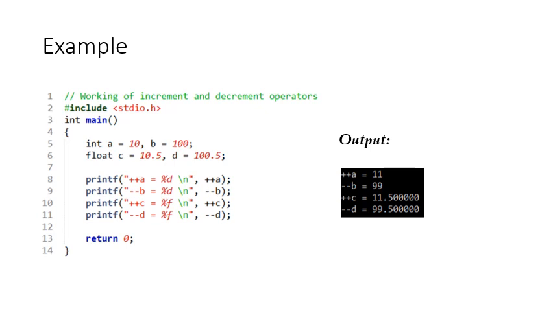Plus plus c is 10.5, and we have added plus plus c, so we are adding 1. So it's now 11.5. And for d, we have minus minus d, so we are subtracting 1. Now it's 99.5000. We have declared it as a float, that's why we have extra zeros here.